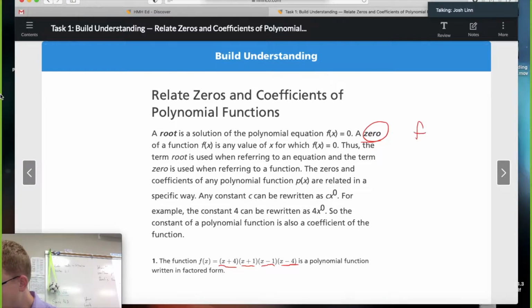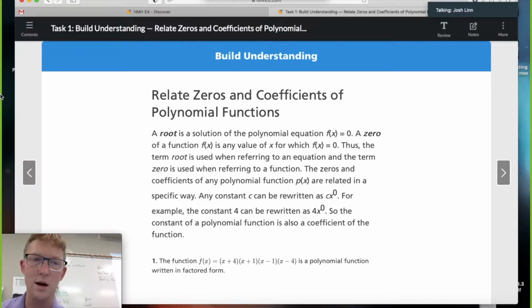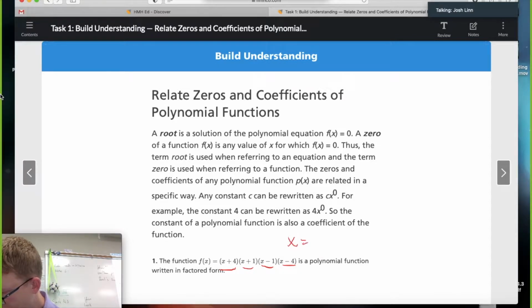Like f of x equals 0, x equals a number, that's going to be a zero. So they are closely related, but slightly different. Again, these are examples of roots. Zeros would be like x equals -4, -1, 1, and 4.